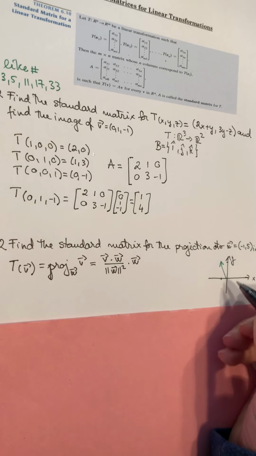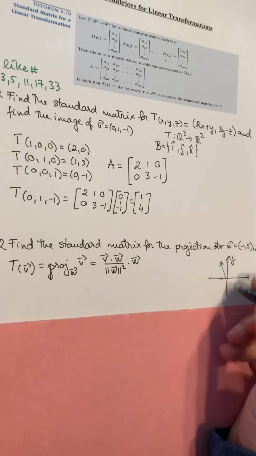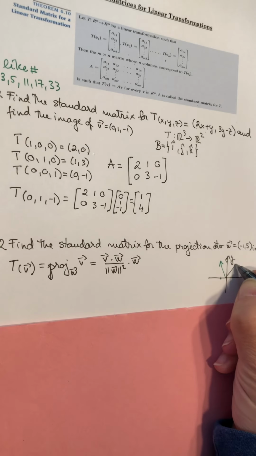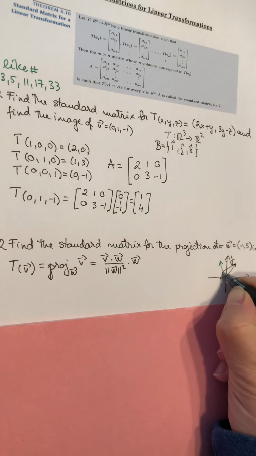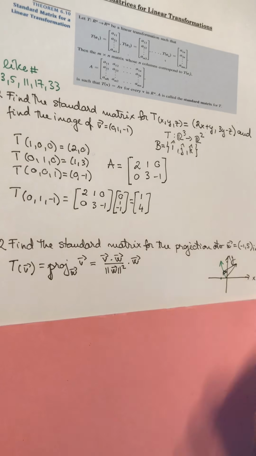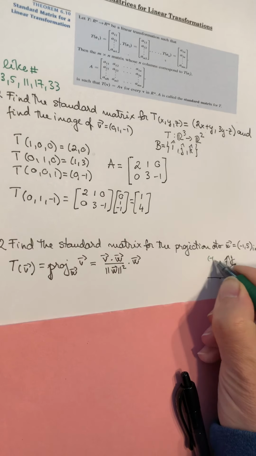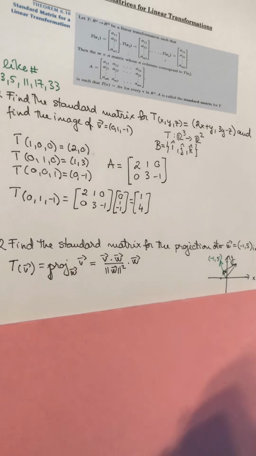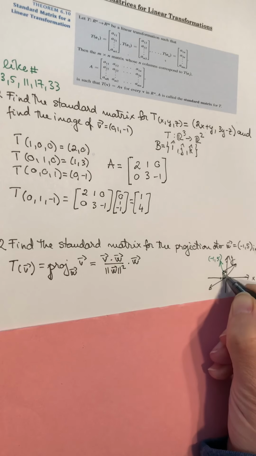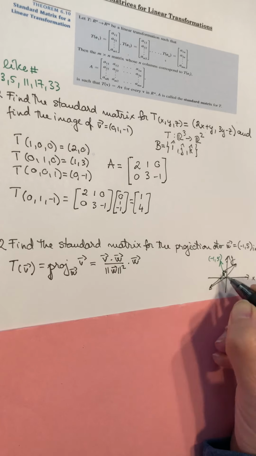I want to find a matrix that projects any vector in R2 onto my vector negative 1, 5.